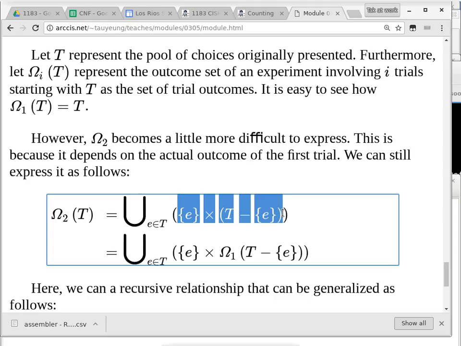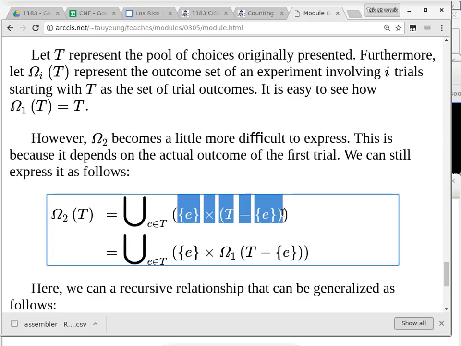That's what we're trying to do. We're trying to figure out all the possible sequences of selecting things from the original set of t. What we are doing a Cartesian product with is t minus E, E in the set itself. So that means we're excluding E itself, but we are considering everything else in t.